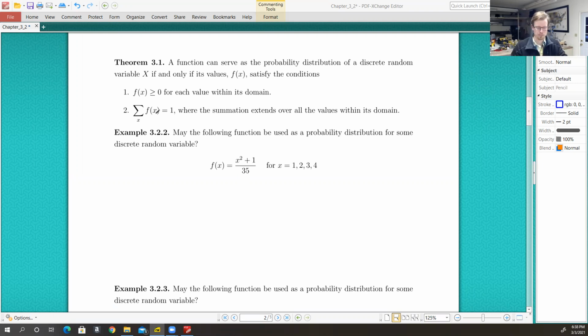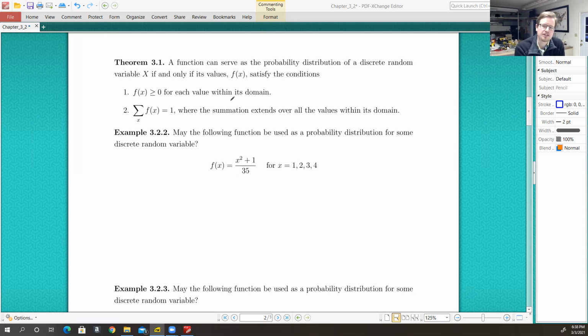So when we consider all possible values of the random variable, we're considering all possible outcomes, which is the sample space. So the sum of the probabilities over the entire sample space should be equal to 1, right? These are essentially identifying with the postulates for probability.